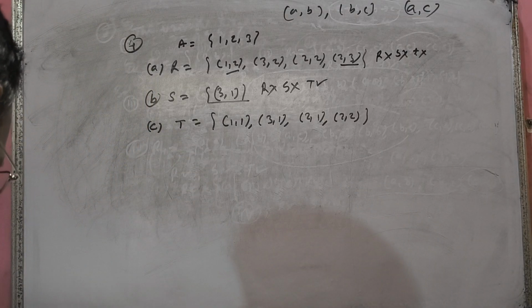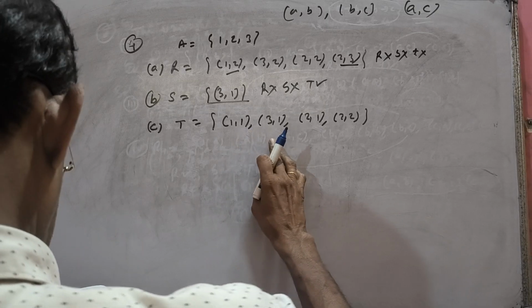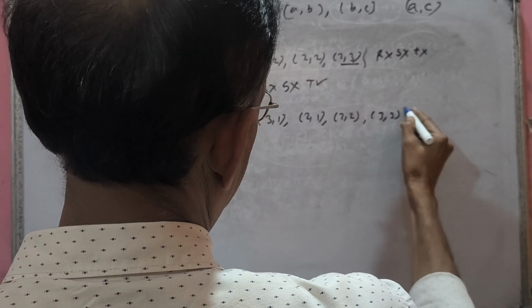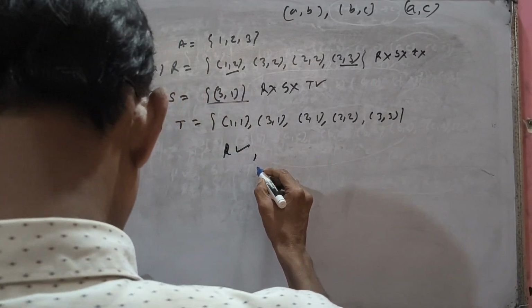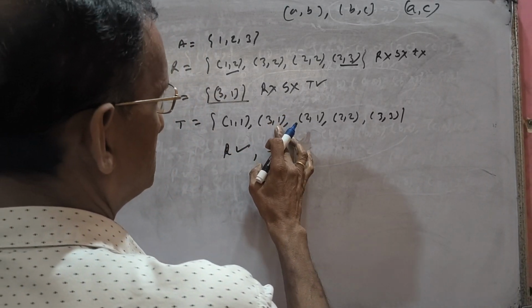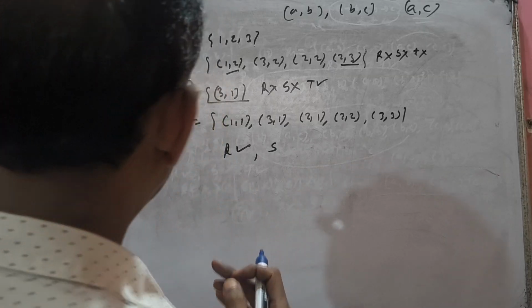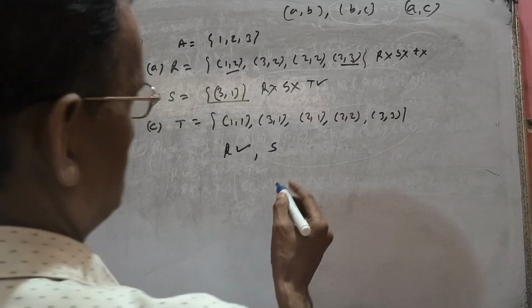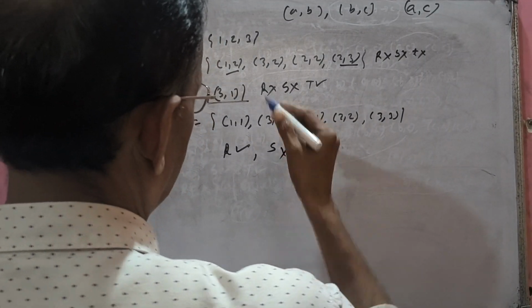Then what is number C? Number C: 1, 1, 3, 1, 3, 3, 2, 1. 3, 3 is there, so it is reflexive. Not symmetric: 2, 1 is there, 1, 2 is not there, so not symmetric.